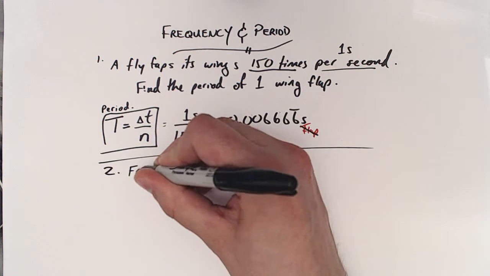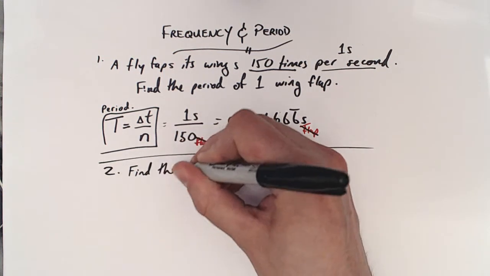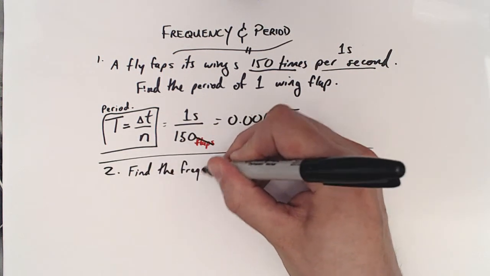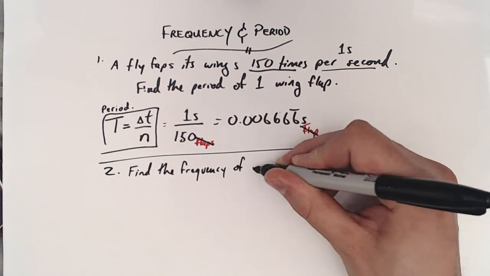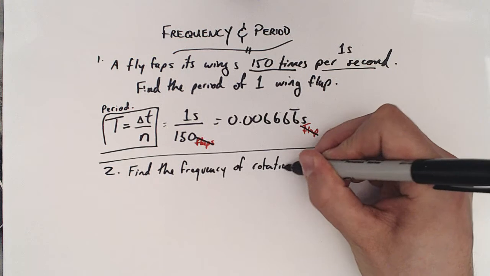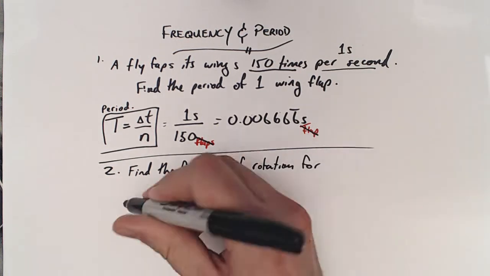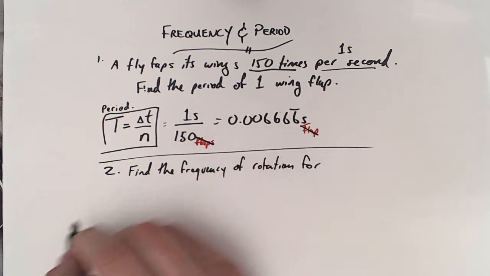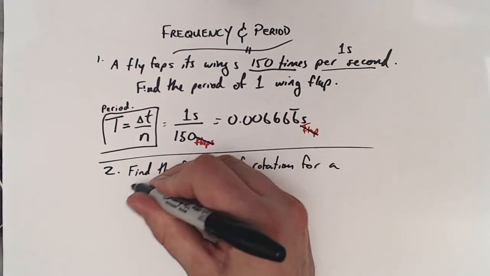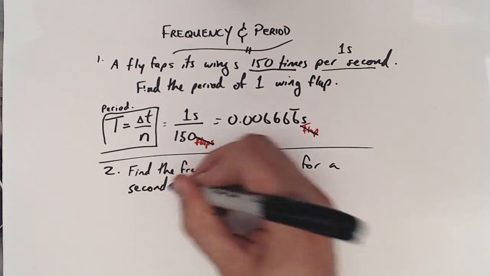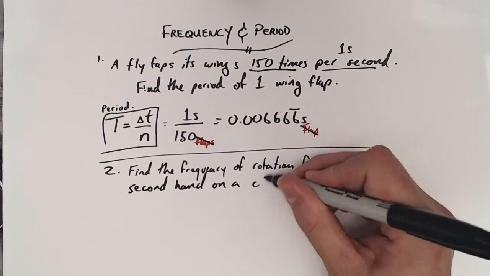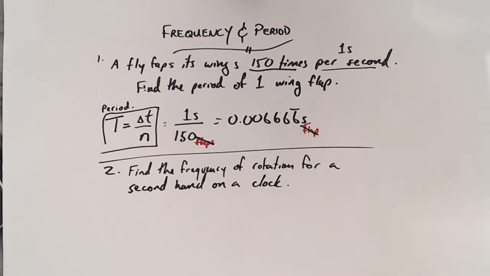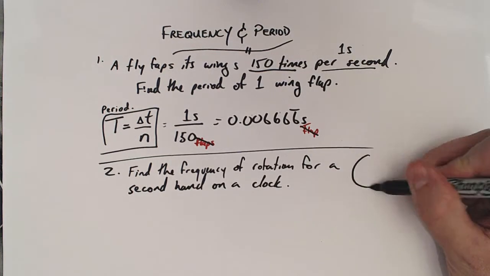Find the frequency of rotation for a second hand on a clock. I know that a lot of people out there use digital clocks exclusively.